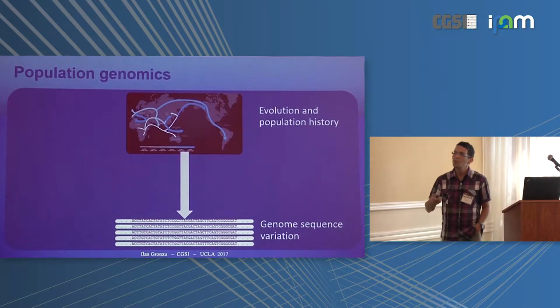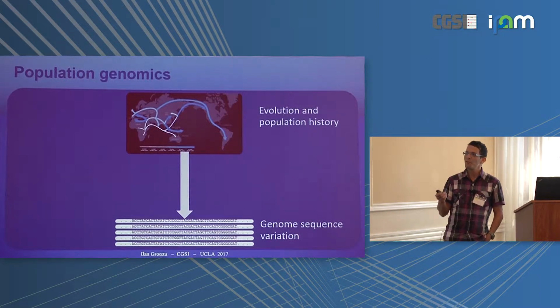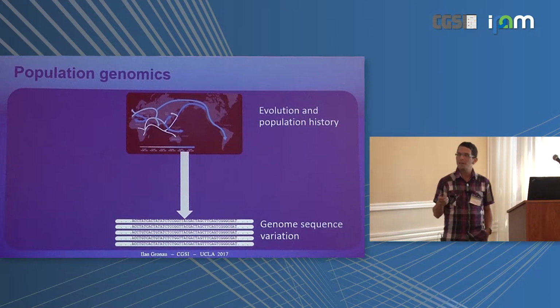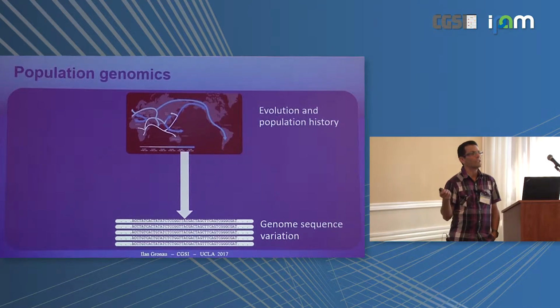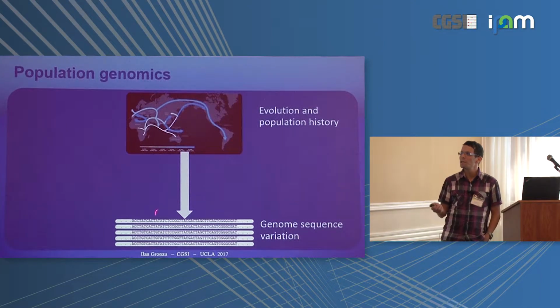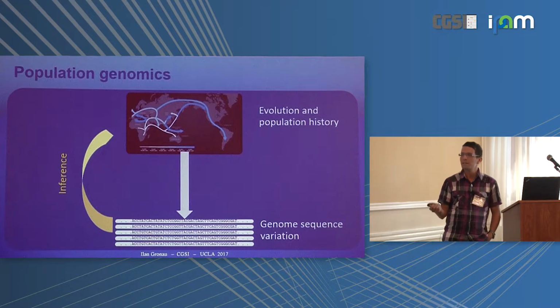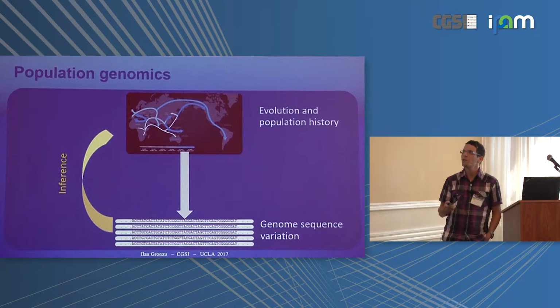What I do in general as a computational population geneticist, and those of you who've been to the retreat will be familiar with some of these introductory slides, is try to understand how population history and evolution in general influence genome sequence variation. One of the reasons we're interested in this is so that we can take all of this great data coming out of sequencers and make cool inferences about population history and evolution.